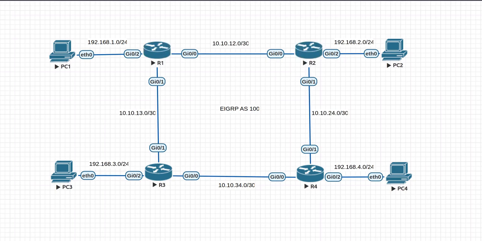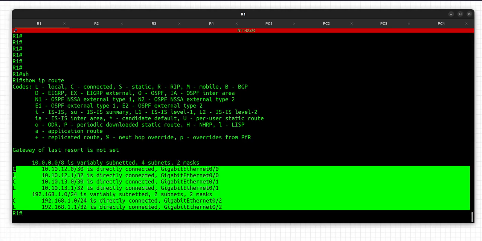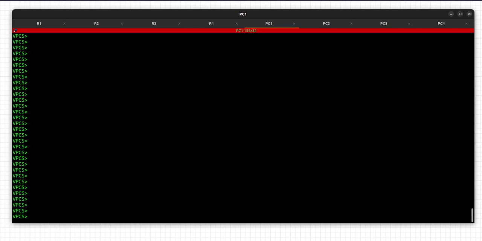So the goal here is that we need each router to be able to know how to reach the other subnets, and the final goal is that each PC in the local subnet will be able to reach the other PCs. Now let's go to PC1, for example, show ip.